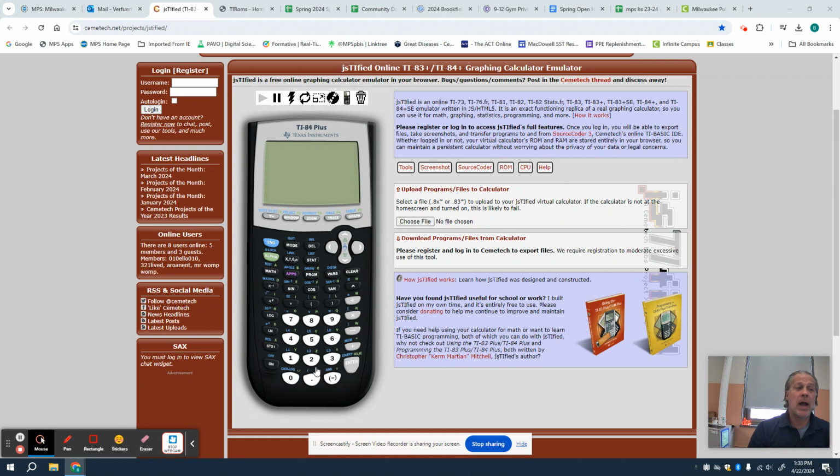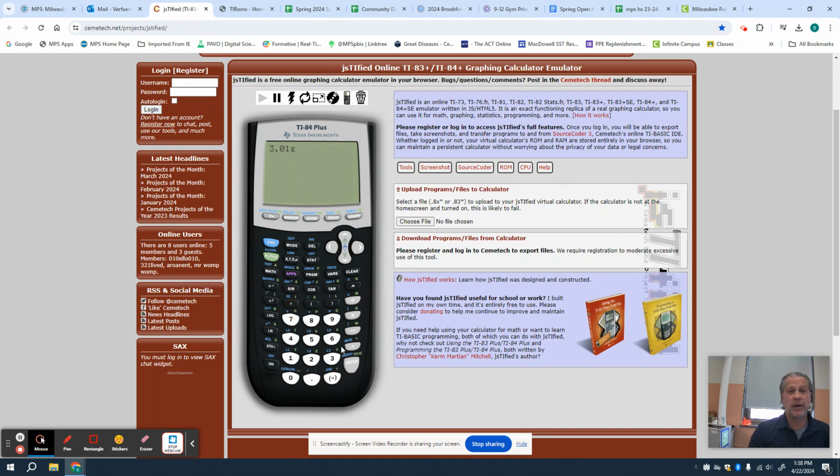Now, with that in mind, what you need to do when you're typing things into scientific notation is, for example, if we were going to take a number like 3.1 times 10 to the 22nd, you would take 3.01, and then you're going to hit the second and this comma key, which is right above the 7.